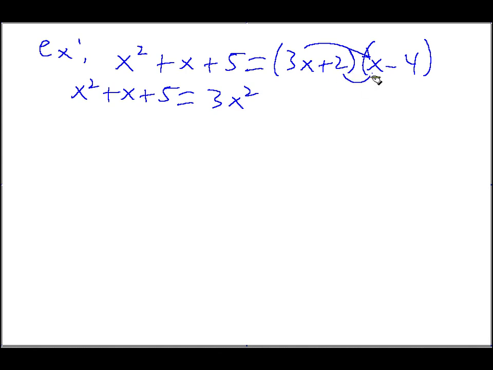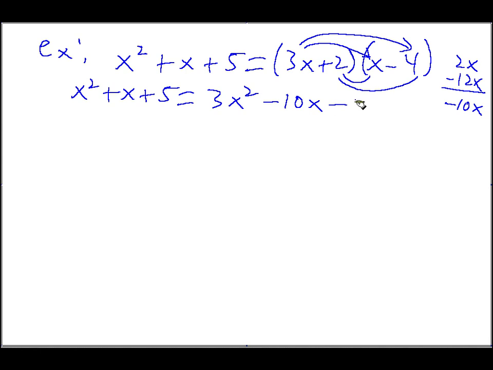This gives me 2x, and this gives me negative 12x. So positive 2x and negative 12x gives negative 10x. You can do it in your head. And then positive 2 times negative 4 is negative 8.